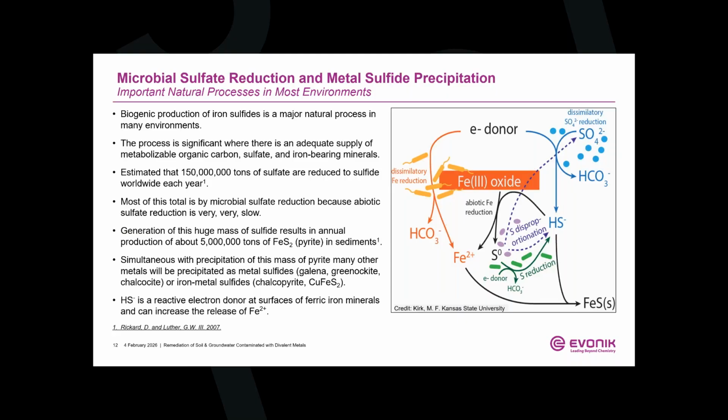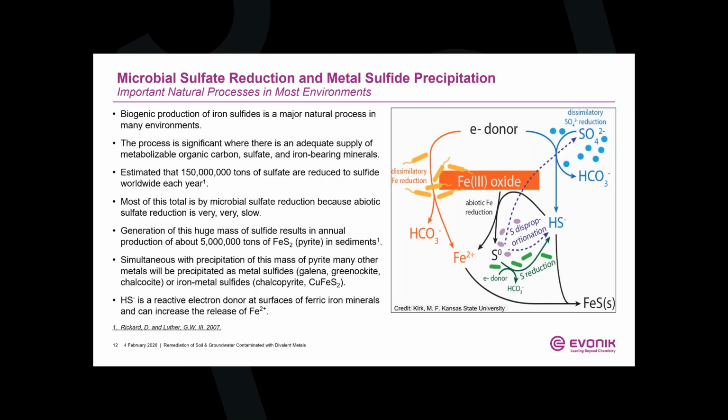If you're at neutral or near neutral pH, it won't volatilize as H2S. You'll have a lot of HS minus. At the same time, as redox potential falls, iron oxide bearing minerals will be reduced energetically, releasing ferrous iron, and then iron reducing bacteria will get involved as well, and they'll begin to reduce these minerals and release more ferrous iron.